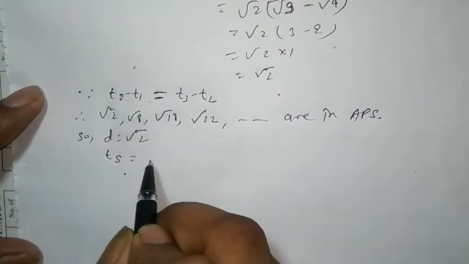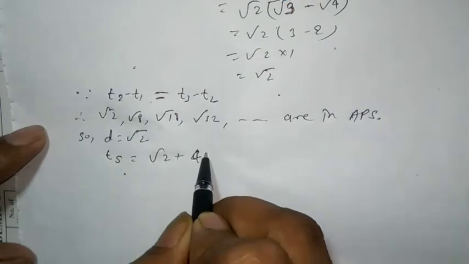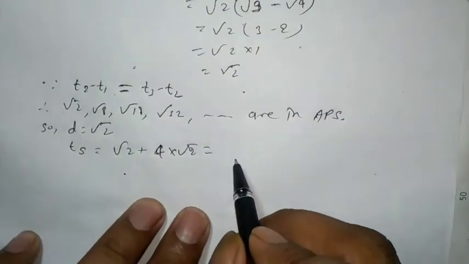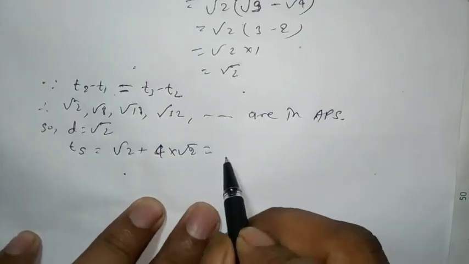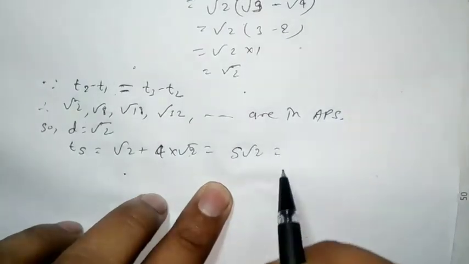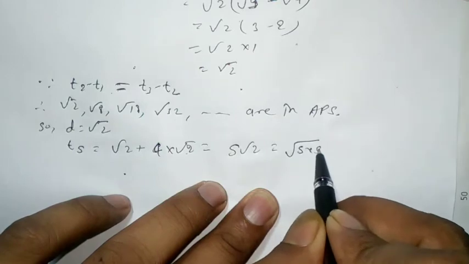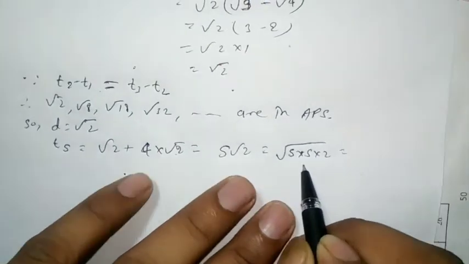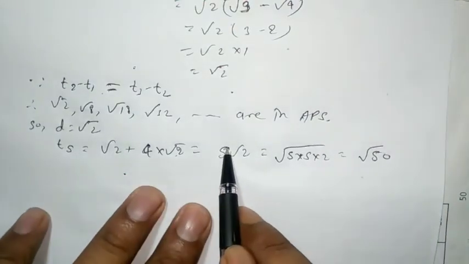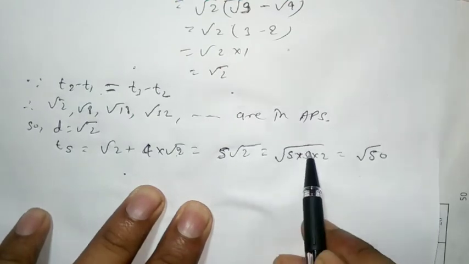so t5 is equal to root under 2 plus 4 into root under 2, is equal to 4 root 2 and 1 root 2, 5 root 2, is equal to root under 5 into 5 into 2, 5 5 25, 25 into 2 is 50. Here 5 goes in under root as the square of 5.